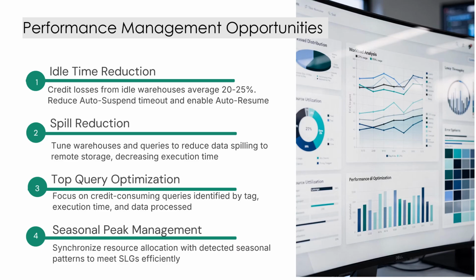You can optimize top cost drivers focused on the dominant agent and workload. Or you can manage seasonal peaks by allocating corresponding resources proactively. Another performance management opportunity is to change workload management parameters and resource allocation rules. All these deliver measurable savings quickly.